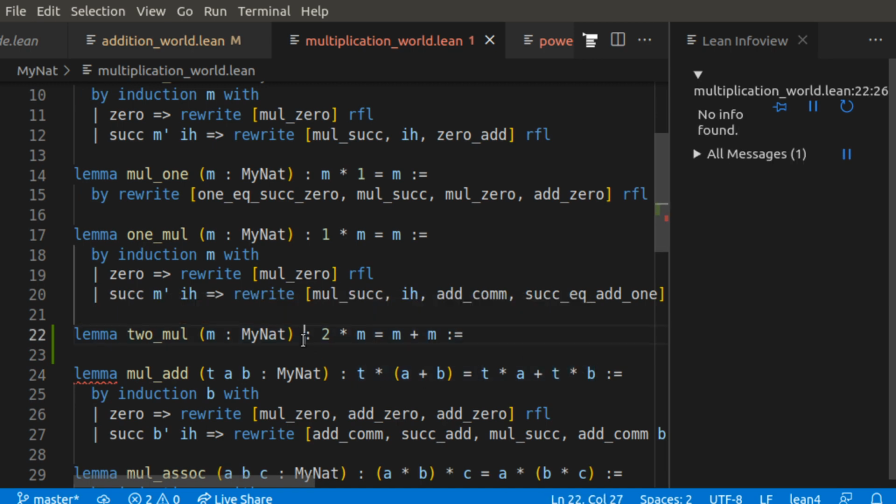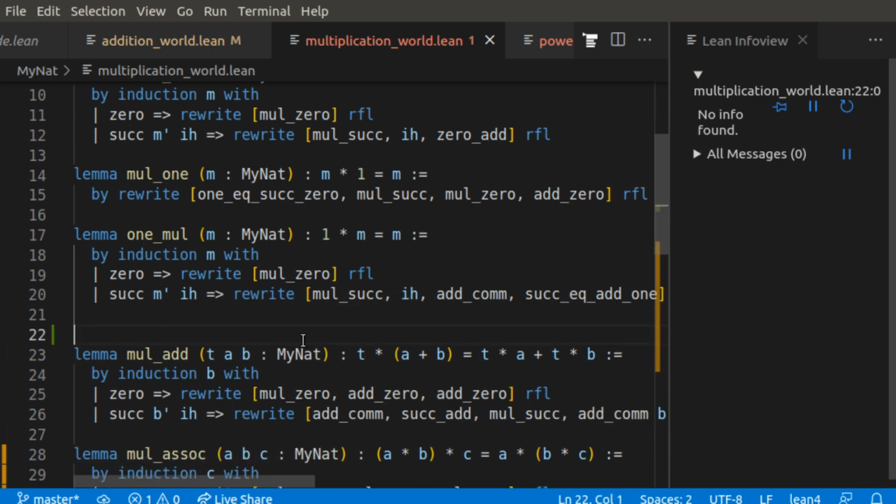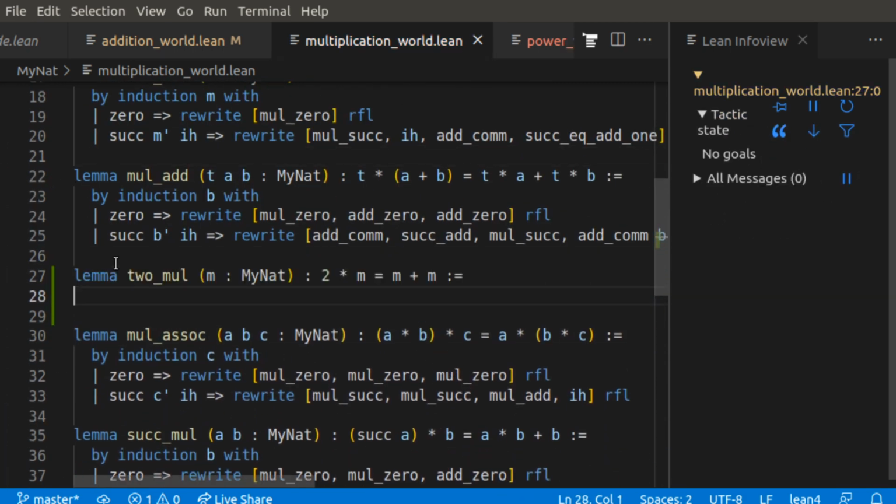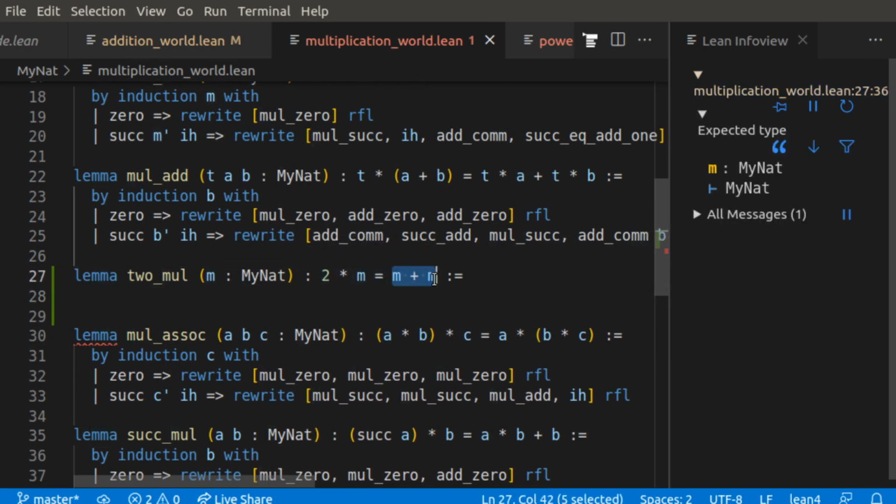We can use mol add, so we'll only use mol add for this 2 mol. Pretty much the idea is we're going to turn m plus m into this. We're going to have m's be the t's, and a's be the 1's. Okay.